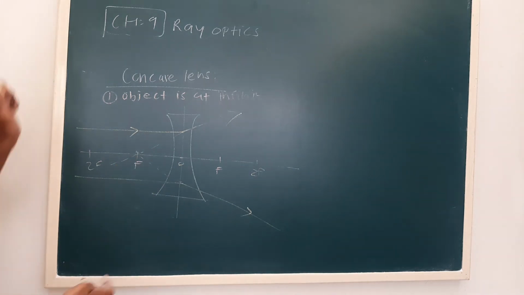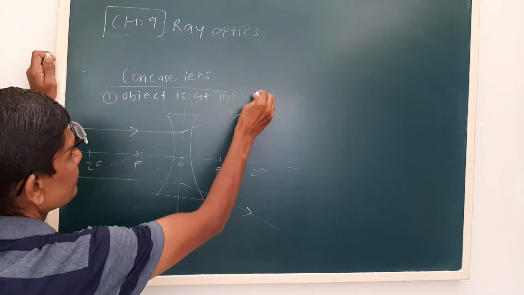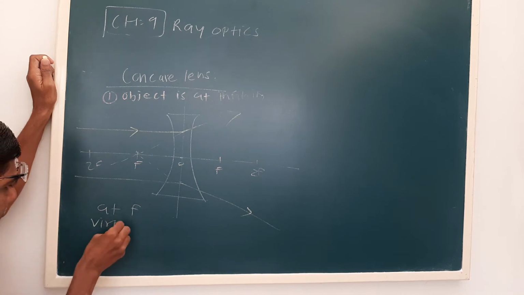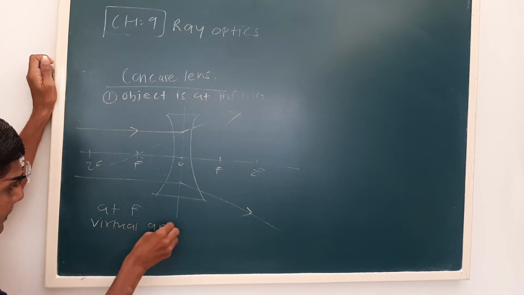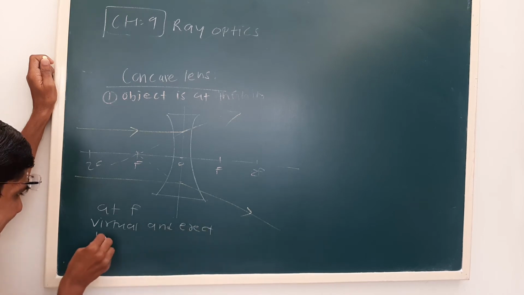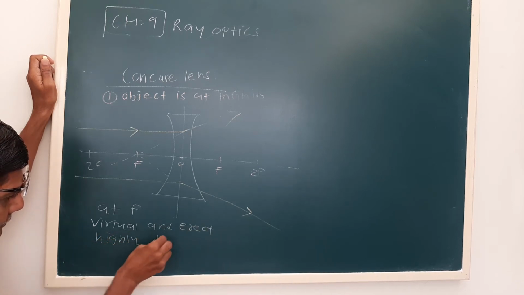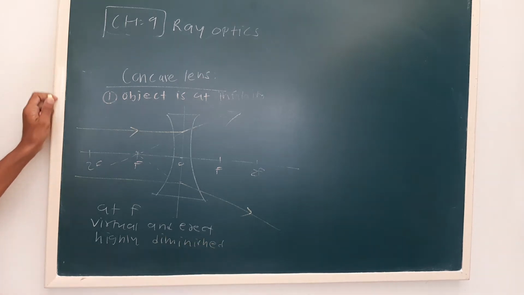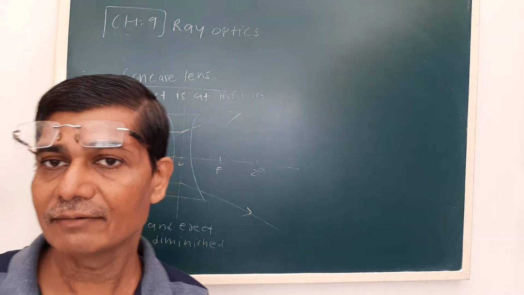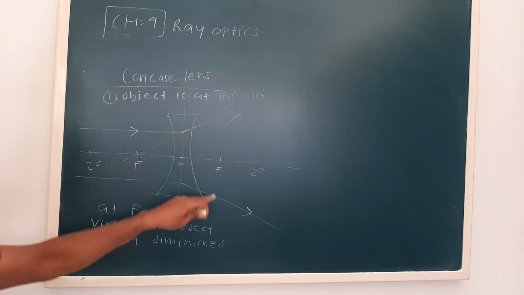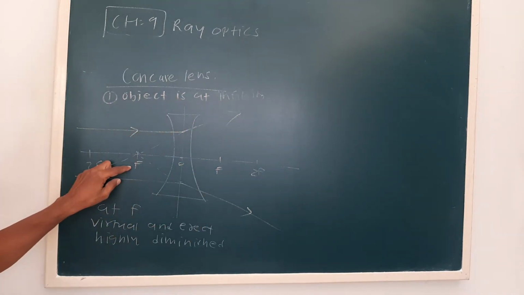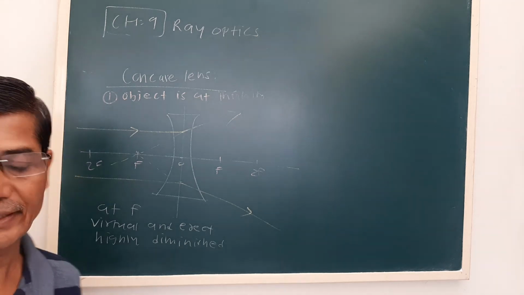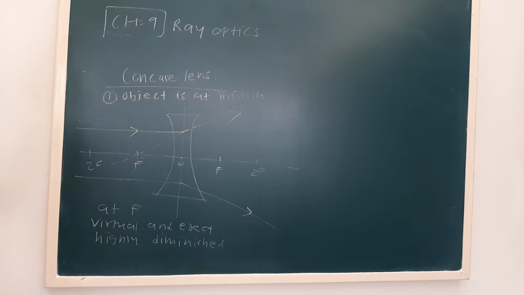When the object is at infinity, the image will be at F, virtual and erect and highly diminished. The concave lens is a diverging lens. Rays are diverged, but we produce them back to assume that the image is formed at F. So it will be virtual and erect and highly diminished.